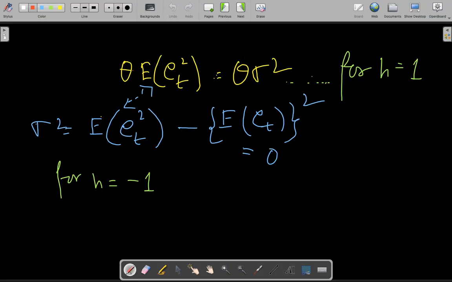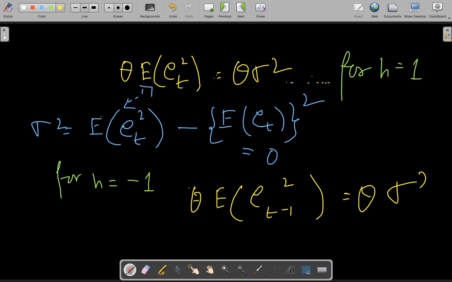For h is equal to minus 1, I can write theta times the expectation of et minus 1 whole square. It doesn't make a difference if it is et or et minus 1, all are sigma square, so I can write theta sigma square. These are clear: for h is equal to 1 and h is equal to minus 1, we get the covariance value theta sigma square.